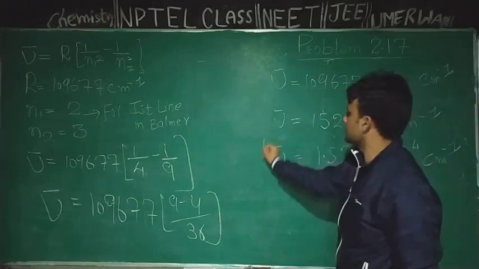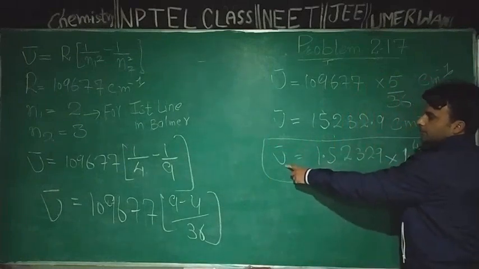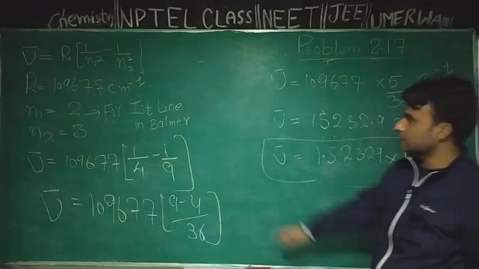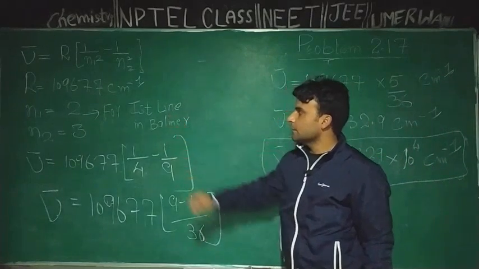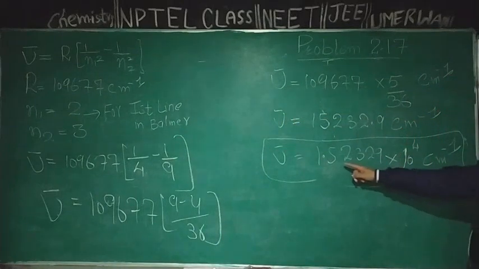This is the answer. I had to calculate the wave number of the longest wavelength transition in the Balmer series of atomic hydrogen, which I identified as the first line of the Balmer series, and for this the wave number I got is about 1.5 into 10 raised to power 4 centimeter inverse.